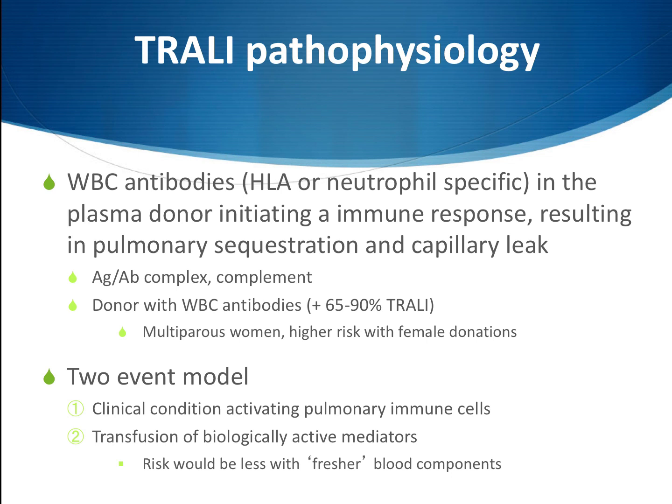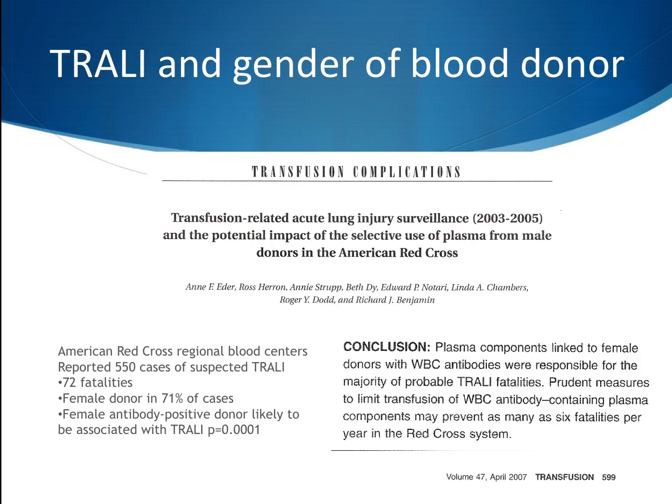We don't think it really is a simple antibody-antigen response. It's probably more like a two-hit model, which means the lung was sensitized, the immune system had already been ramped up in the lung to be vulnerable for this event. But the true pathophysiology for TRALI is still in the making.